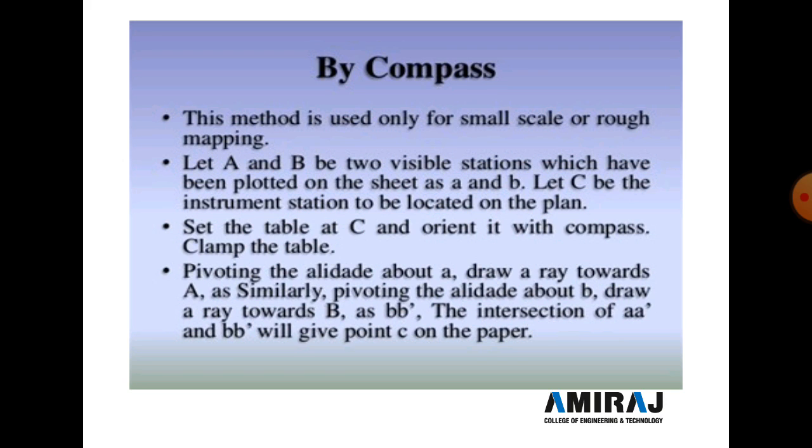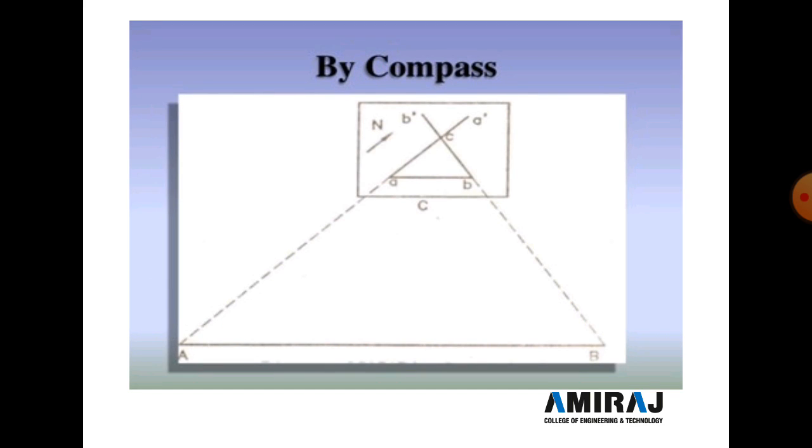Now another method is the compass method. We discuss this compass method from the figure. This method is only used for small scale or rough mapping. Let A and B be visible from a station, which have been plotted on the sheet as small a and b. These two points A and B are already on the ground as capital A and capital B. Let C be the instrument station.